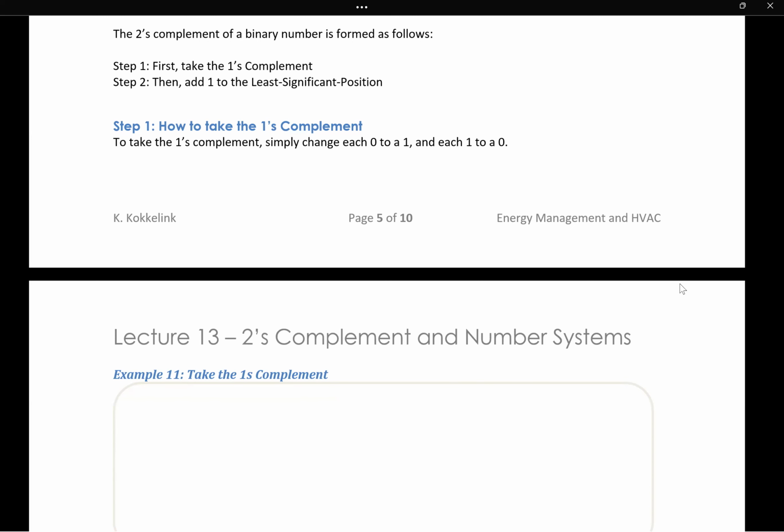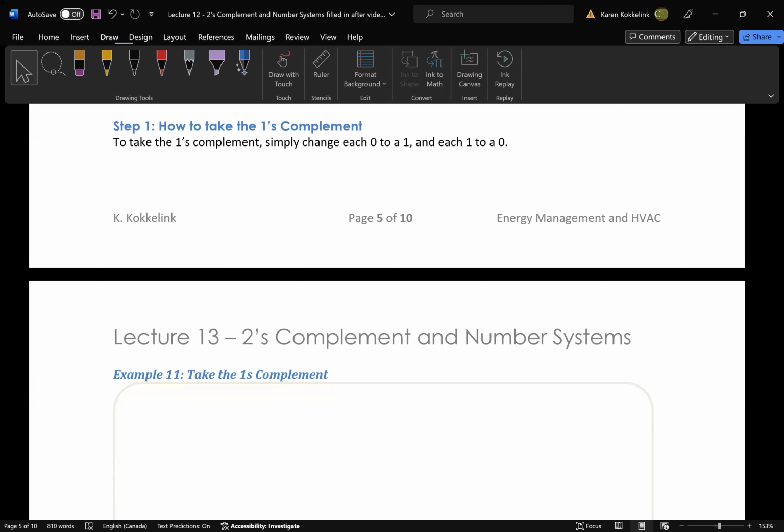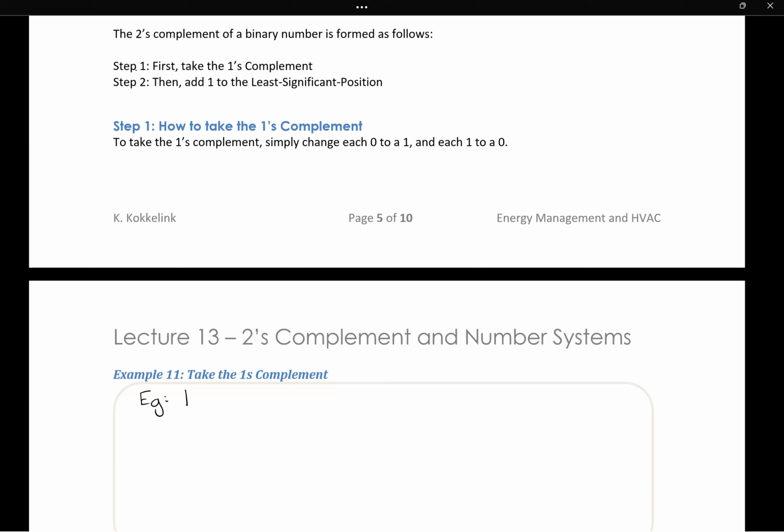Let's say we want to take the 1's complement of any number. Let's say randomly 1, 0, 1, 1, 0, 1, base 2.